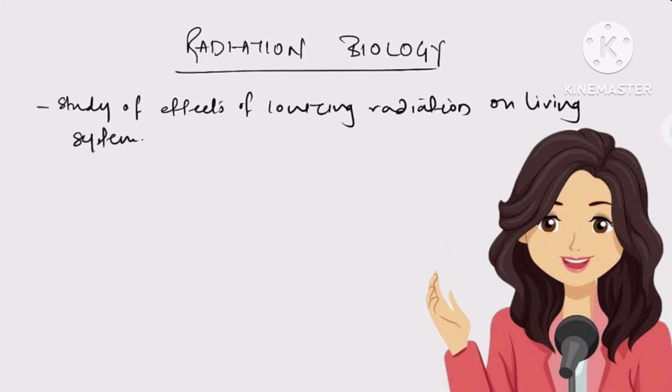Now, there are two effects that can take place when this ionizing radiation passes through the tissues. Direct effects can take place, and indirect effects can take place.